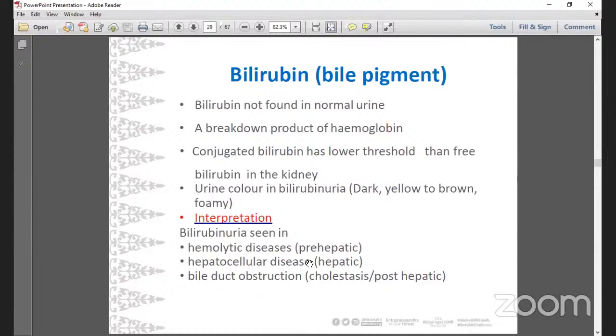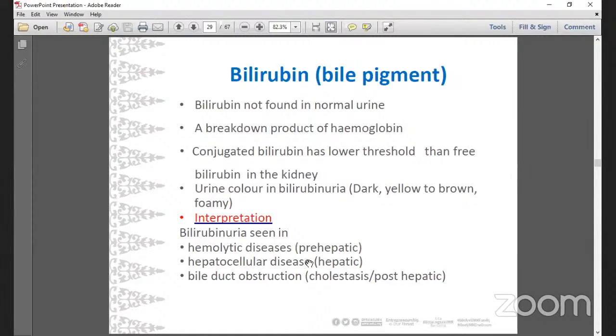Next one is bilirubin. Again, we cannot find bilirubin in normal urine. Bilirubin is actually a breakdown product of hemoglobin. There are 2 types of bilirubin, the conjugated and the unconjugated bilirubin. We call it conjugated because the bilirubin undergoes the conjugation process in the liver.